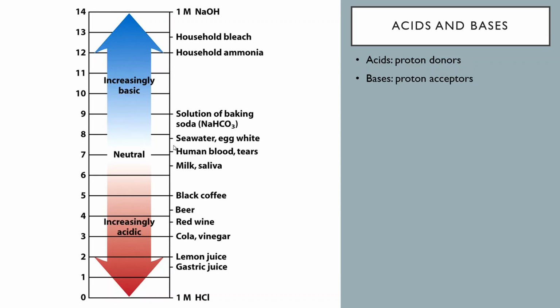Most biological aqueous systems are also pretty close to neutral. Most human bodily fluids are pretty close to 7, with the exception of things like saliva, which is a little more acidic, and gastric juice.